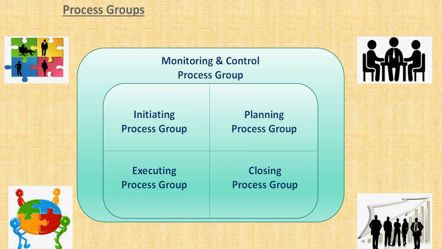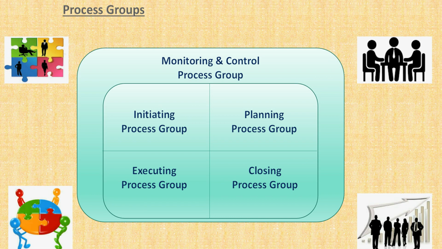For example, when we are developing the project charter, then also we can keep monitoring and control. When we are developing the project management plan as part of our planning process group, then also we can monitor and control. When we are actually producing something, then also we can monitor and control.